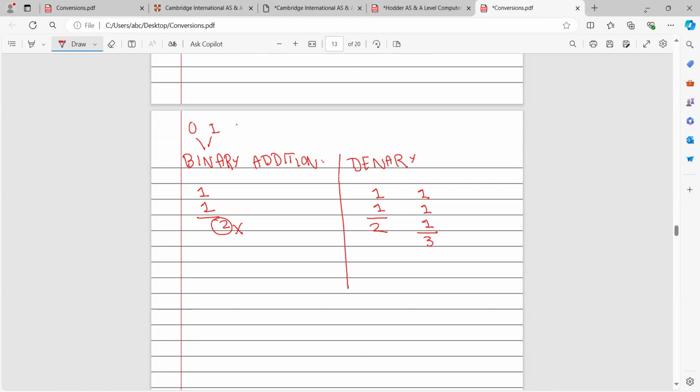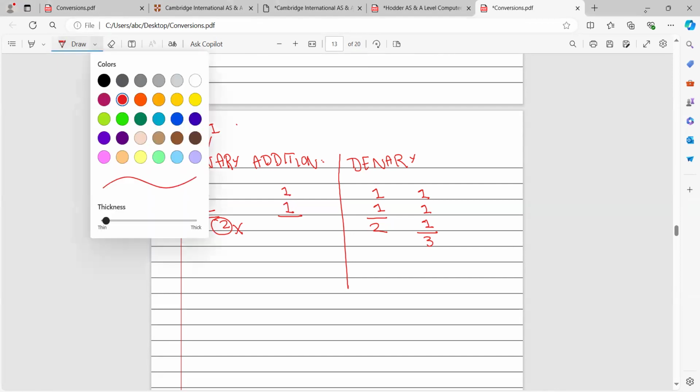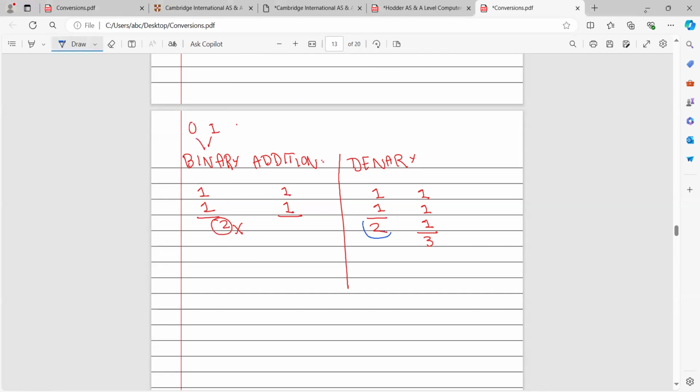So what I am going to do to calculate 1 and 1 is first go into denary. I find that the answer is 2. And now what I am going to do is convert this into a binary number, and the conversion for this goes like 1 2 4 8, yes.